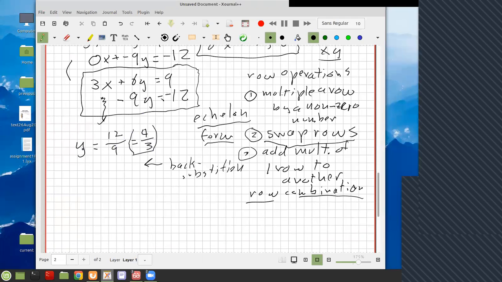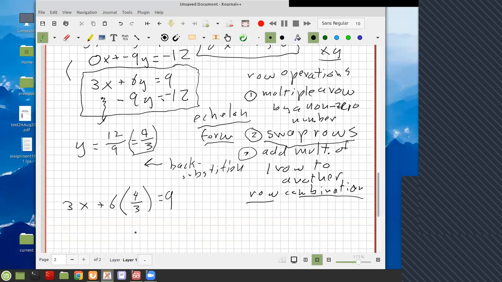So what you do is you solve the bottom equation for y, and then substitute that back up into the previous equation. This was our solution of the bottom equation. Then the top equation becomes 3x plus 6 times 4/3 equals 9. You plug in the value for y.